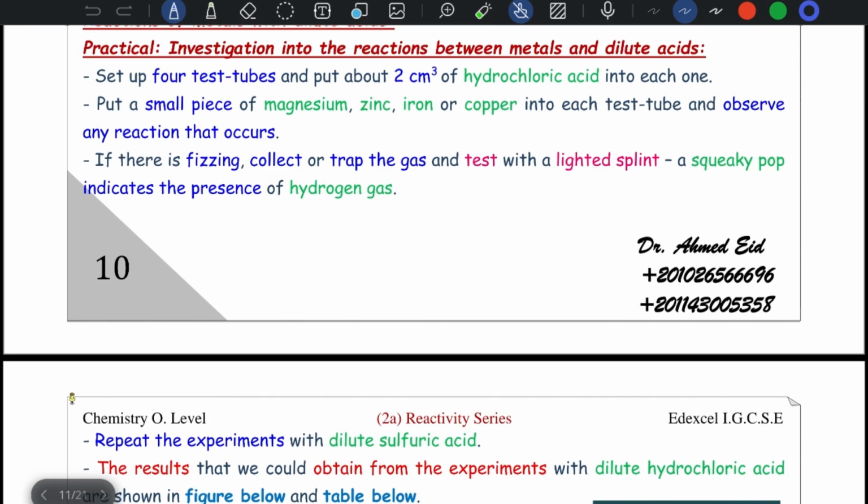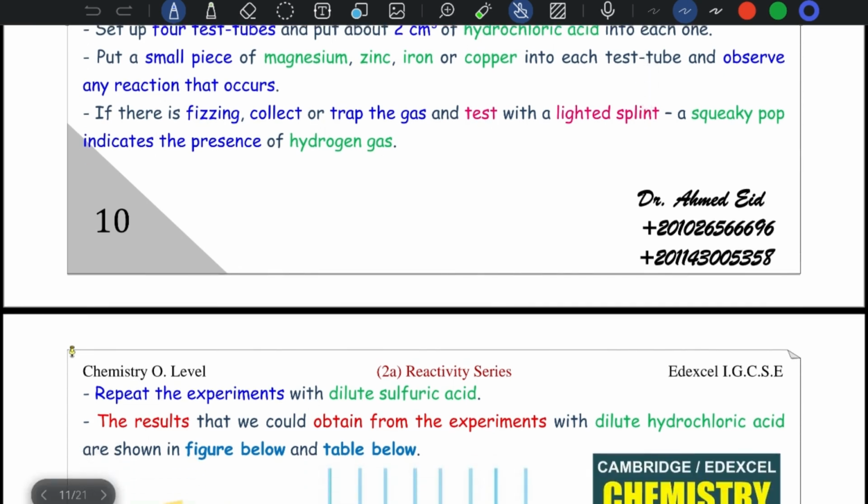In this experiment, he set 4 test tubes, but we made 3 in the question. We just put 2 cubic centimeter of hydrochloric acid into each tube, and bought a small piece of magnesium, zinc, iron, and copper. In the question, he asks about only 3 metals, magnesium, zinc, and iron. So it's not asking about copper. Into each test tube and observe any reactions that occur.